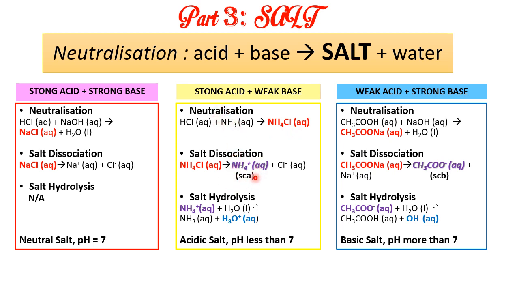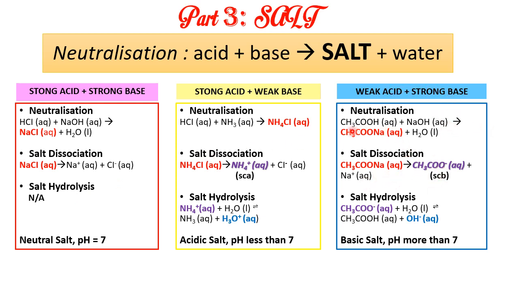Then the strong conjugate acid can undergo salt hydrolysis and produce H3O+, proving that this is an acidic salt, pH less than 7. In this case, strong acid HCl and strong base NaOH, the conjugate acid or conjugate base is a weak one, meaning that it won't undergo salt hydrolysis. For weak acid, strong base, it is the same.